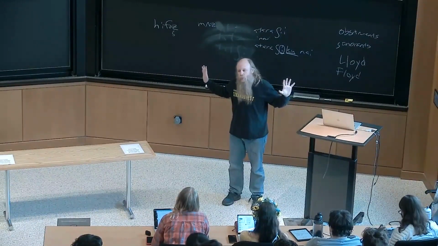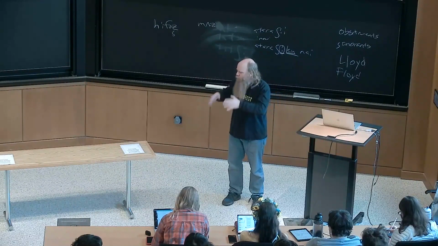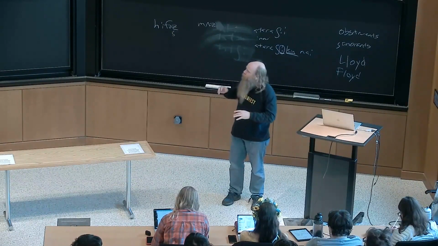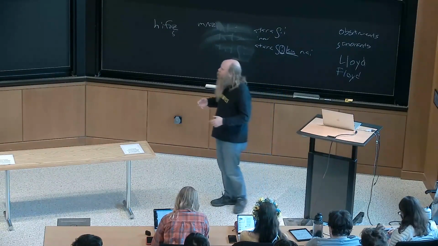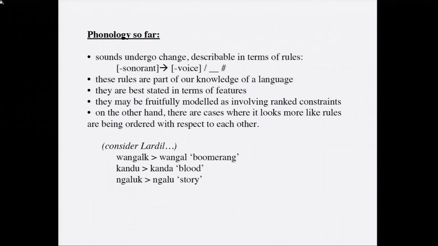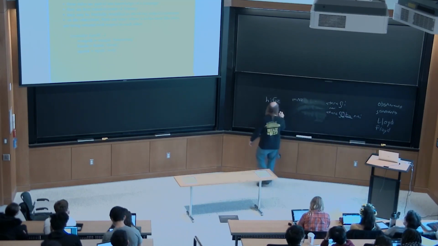I tried to convince you, we worked out an analysis of Lairdale, in which, again, bare nominative singular Lairdale doesn't mark number, but bare nominative forms of nouns undergo various kinds of sound changes. So Lairdale has words that underlyingly end in a K, for example, and there was a general rule in Lairdale that said if you have a word that ends in a K, get rid of the K. So I'll start writing these down.